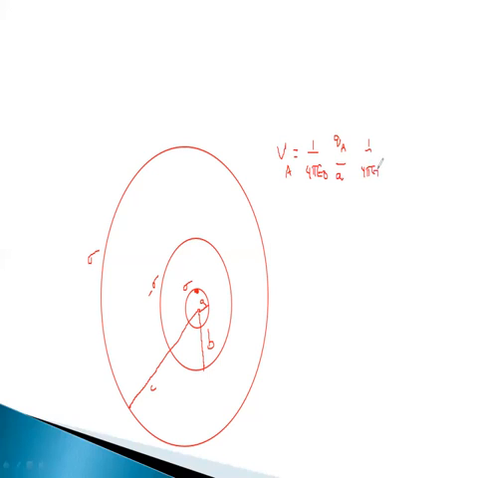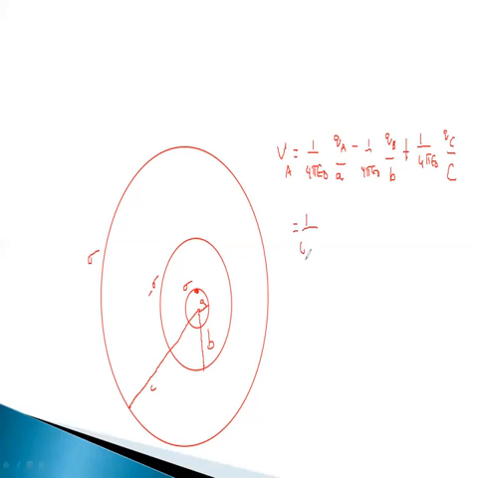Hence, that will be 1 by 4 pi epsilon naught QB by radius B. And due to the third one, it will be 1 by 4 pi epsilon naught QC by C. And of course, this one has a negative charge density. That means negative charge will be here and it will be positive here.